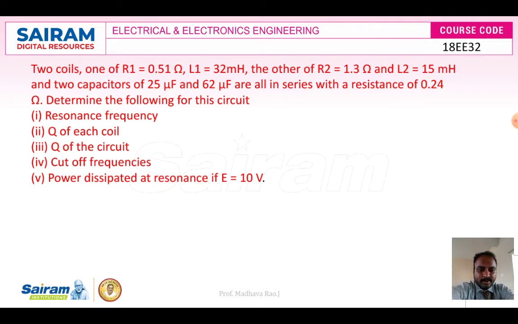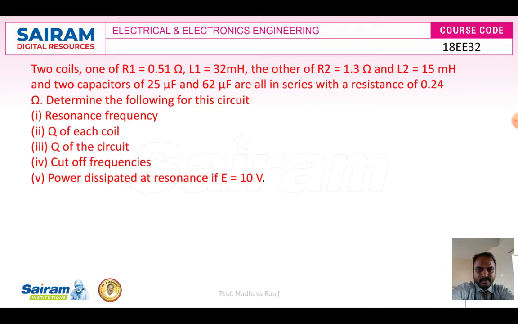This type of problem will be asked in your VTU examinations. Two coils having resistance R1 and inductance L1, and the other coil R2 and L2, and capacitors C1, C2, all in series with a resistance of 0.24 ohm. So 3 resistances, 2 inductances and 2 capacitances will come, all connected in series.